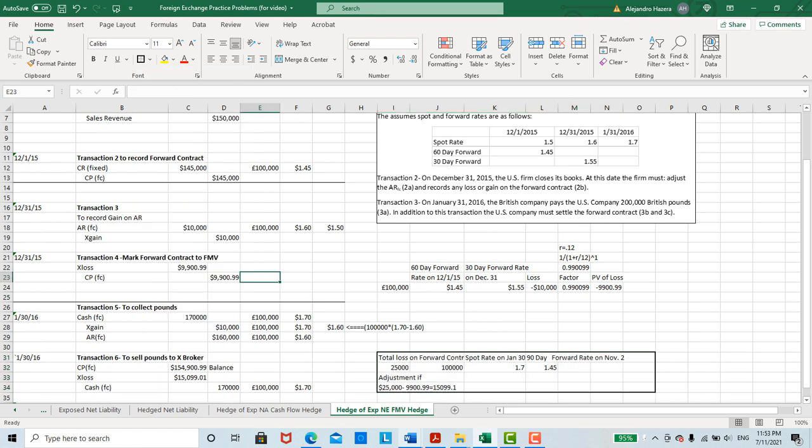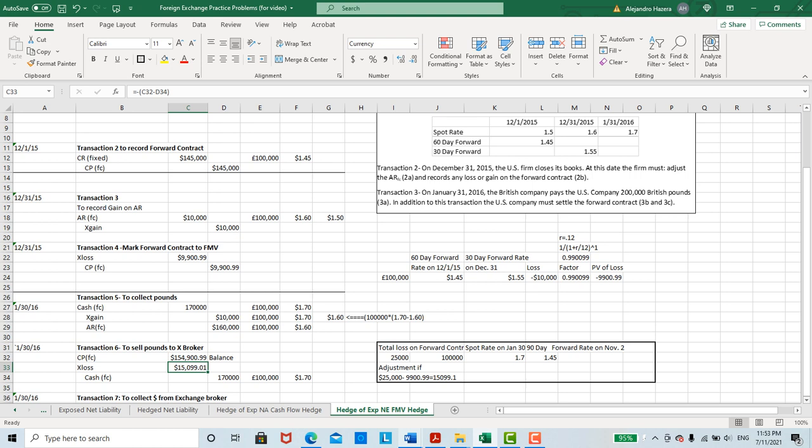The total loss on the contract is $1.70, which is today's spot rate, less what the original predicted value was, 145, so your total loss is 25,000. Take 25,000, take what you've already recorded as a loss, which gives you 15099.01.